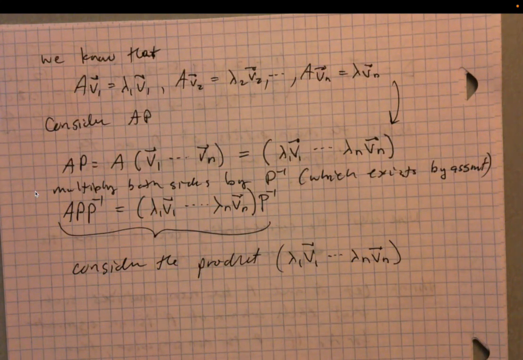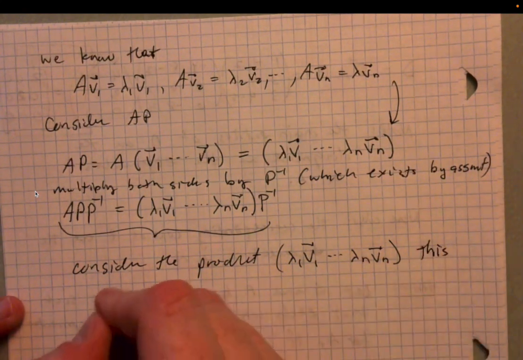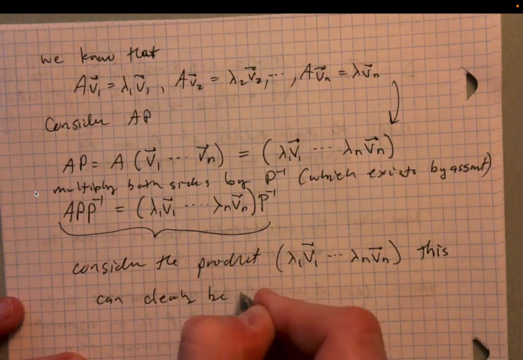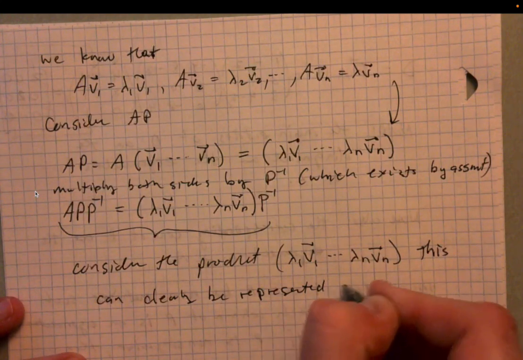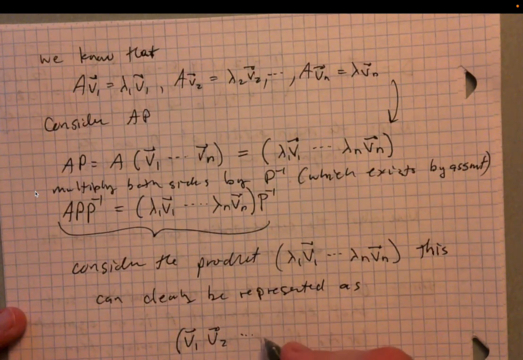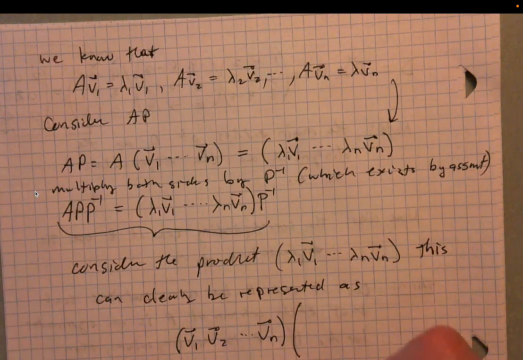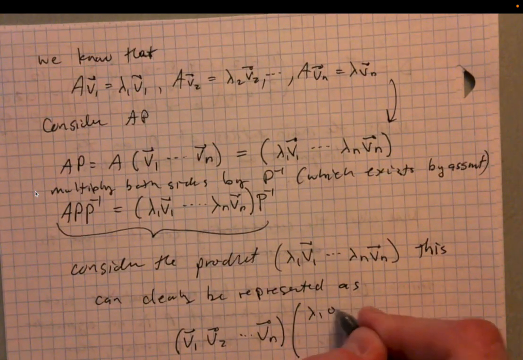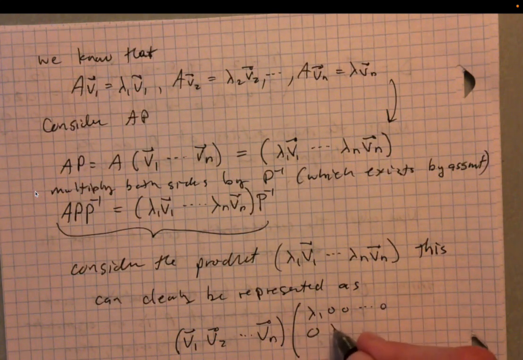So clearly, you can represent this as V1, V2, these are columns, dot dot dot Vn times some other matrix: lambda 1, 0, 0, dot dot dot 0; 0, lambda 2, 0, dot dot dot 0; 0, 0, lambda 3, dot dot dot, and so all the way down to lambda n.